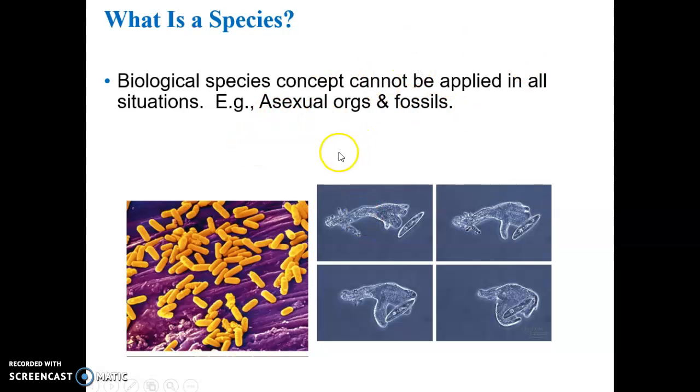This definition, however, can't be applied in all situations because not all organisms reproduce sexually. Many organisms reproduce asexually, like all of the bacteria and archaea, and many of the protists. And if you're trying to identify fossil species, those things are clearly dead. They are not reproducing, so there have to be other ways to identify and label a species, and there are.